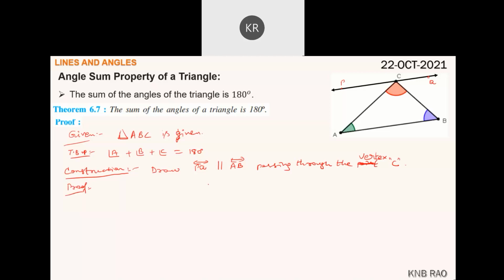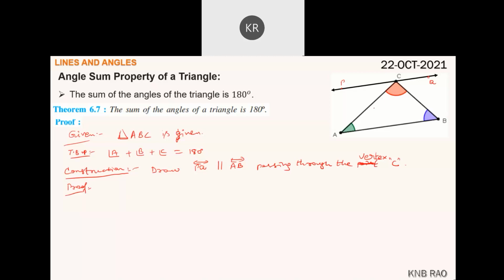Now can you guess what would be the proof? What is the use of drawing this line parallel to AB? Sir, we will get transversals. Who is the transversal now? Sir, AC. AC is one transversal and CB is another.